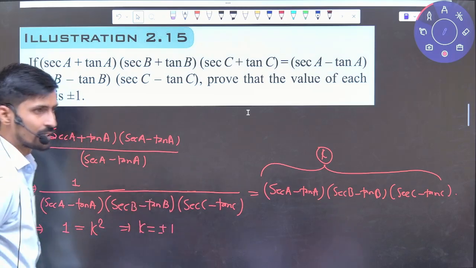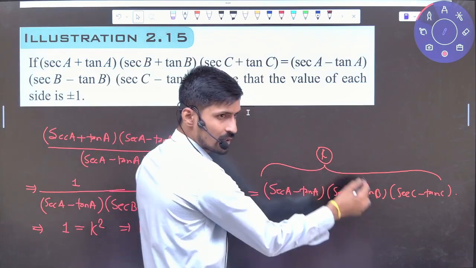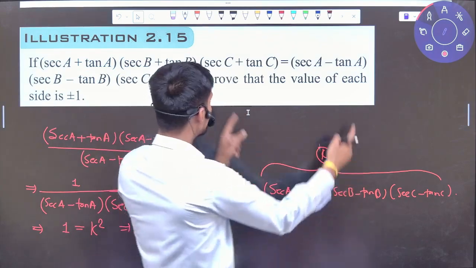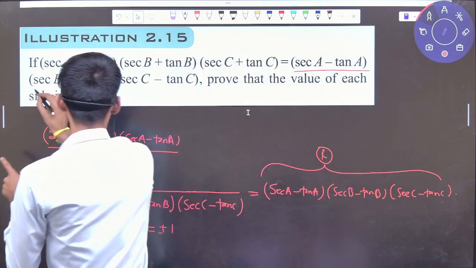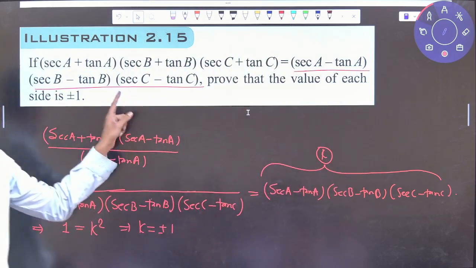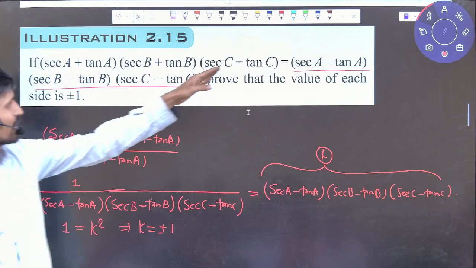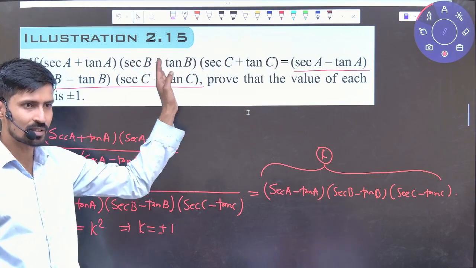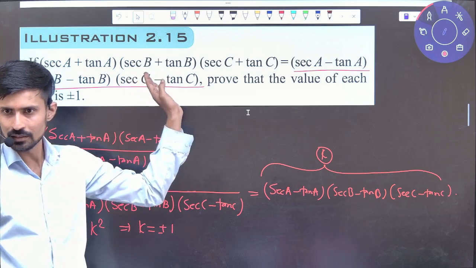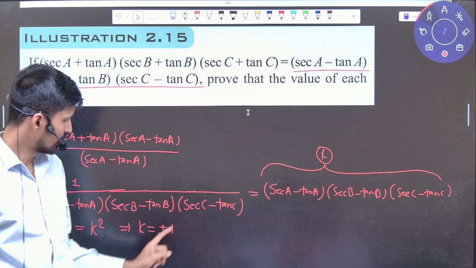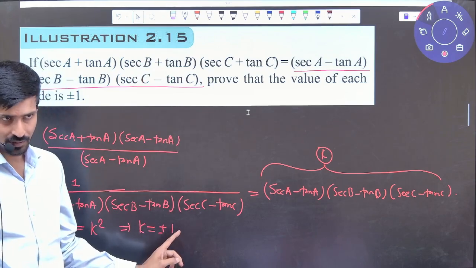And when you solve from here, what will you get for k? Plus minus 1. It means this value is plus minus 1. And if this value is plus minus 1, tell me, that value is also plus minus 1 because that is also equal. So here we can write k is equal to plus minus 1.